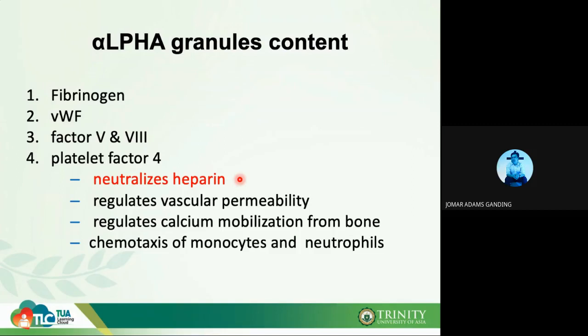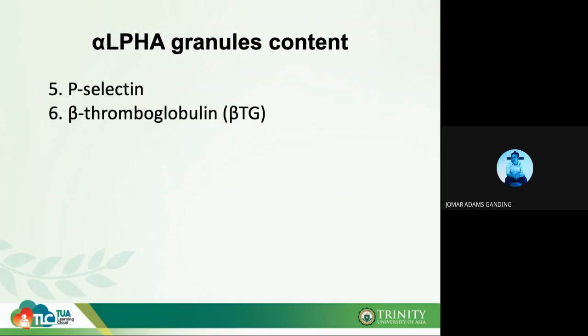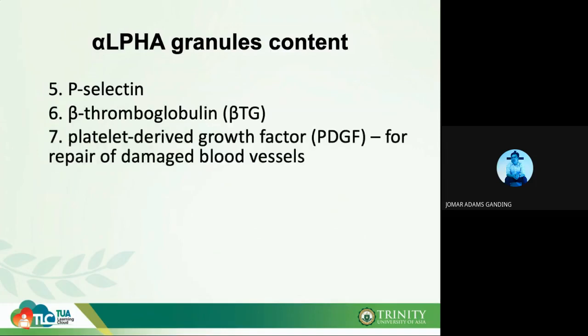In addition to that, what else can we see in your alpha granules? Aside from this, we also have your P-selectin, your beta thromboglobulin or your BTG, and we also have your platelet-derived growth factor or your PDGF, which repairs your damaged blood vessel. Okay, 'di ba? It's a eureka moment.